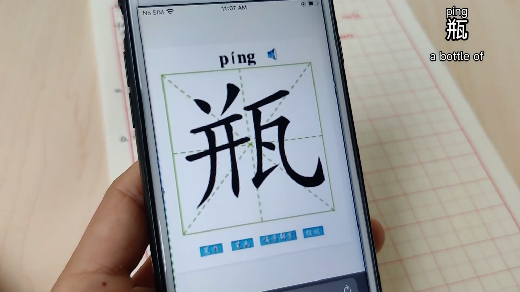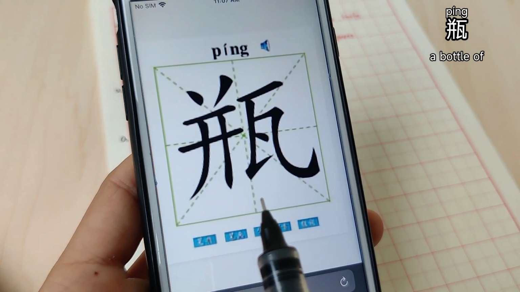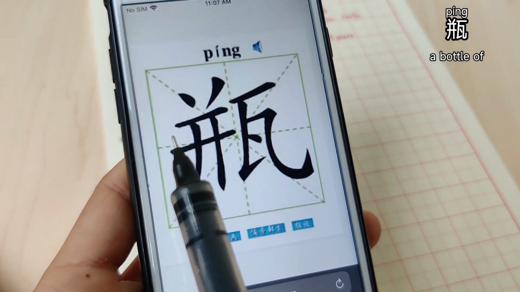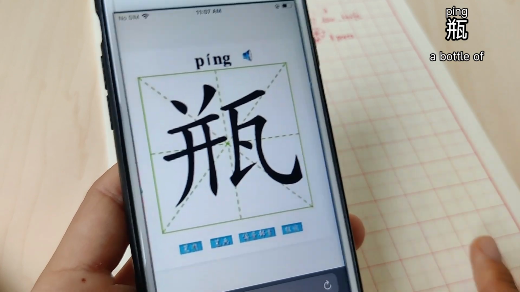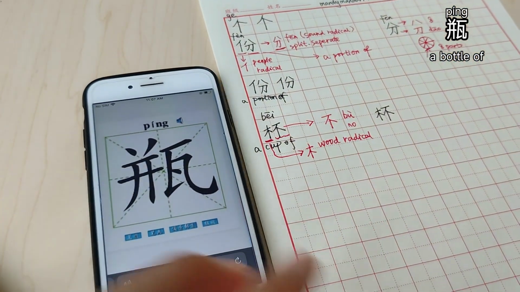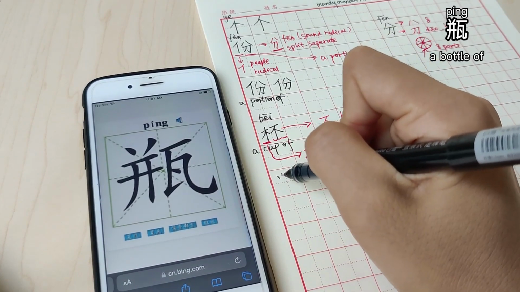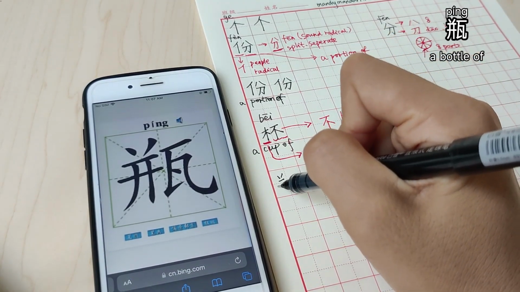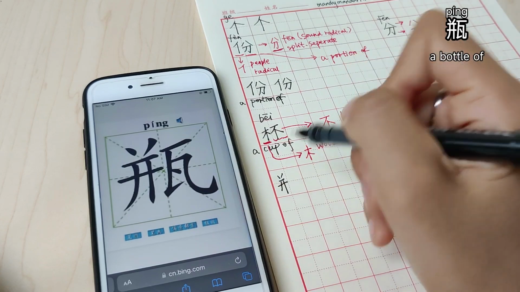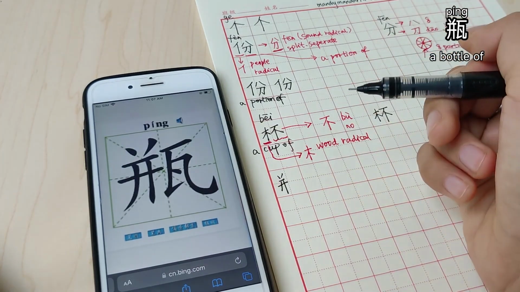Move on to the next character, 瓶. Alright, so this is quite complicated. We have a left-right structure. On the left, we write 1, 2. Okay, this is the left part.